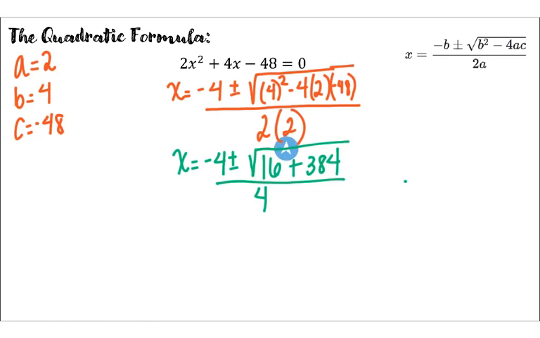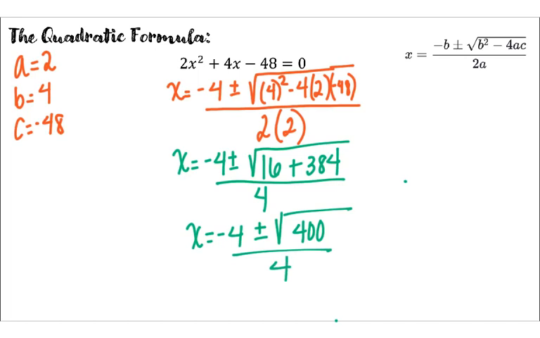We should make sure we clean up under the radical. So x is equal to negative 4 plus or minus the square root of 16 and 384, which should give you 400, all being divided by 4. Okay, proceeding on, the square root of 400 should give you 20. So x is equal to negative 4 plus or minus 20, all being divided by 4.